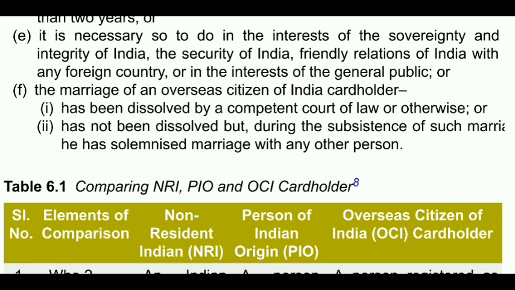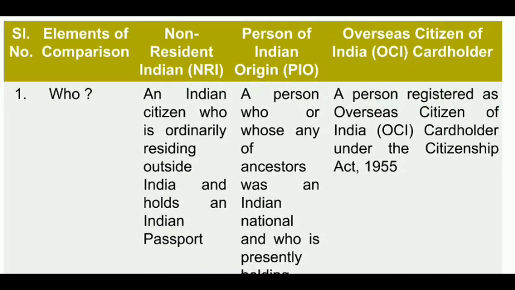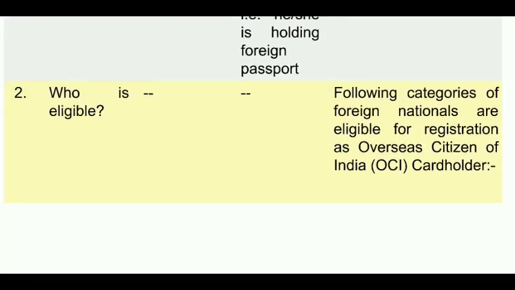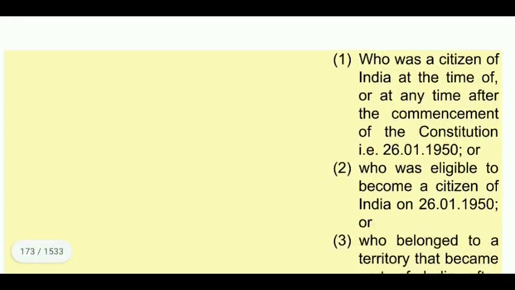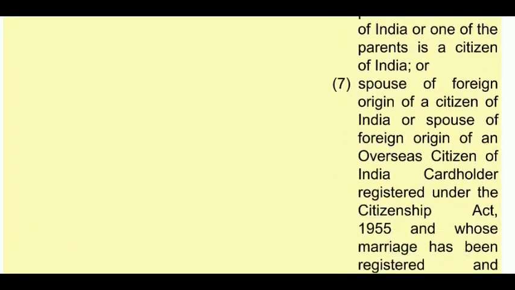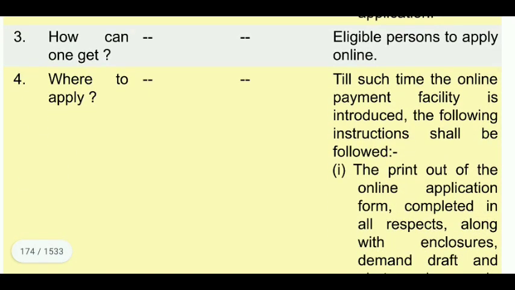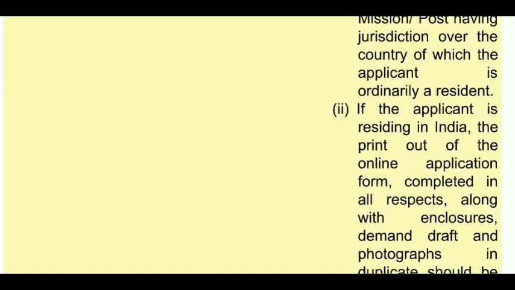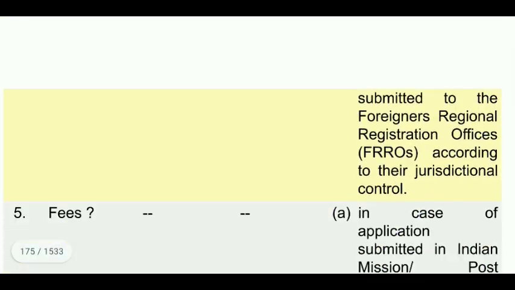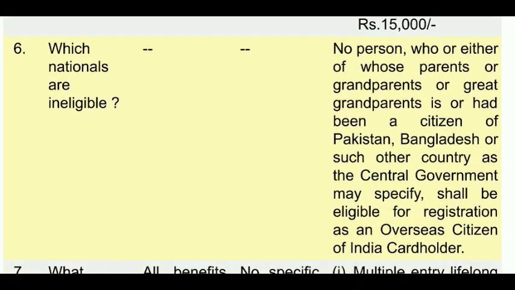Now we have table 6.1 comparing NRI, PIO and OCI card holder. You can see here. Two. It goes on 3, 4. And 5 fees. 6 which nationals are eligible.